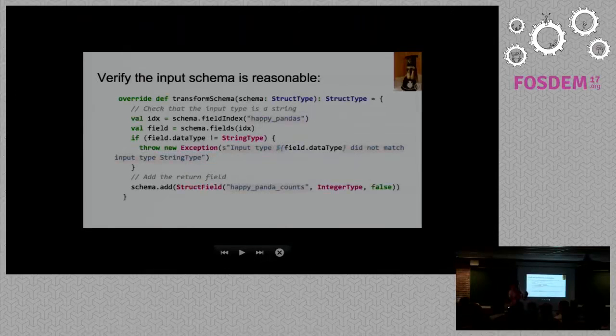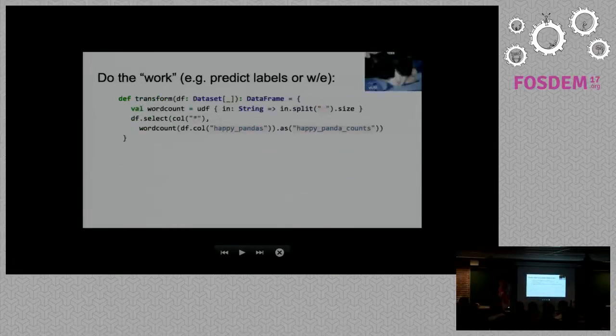Transform schema gives us the ability to verify that our inputs are what we're expecting and tell the downstream people what our outputs are going to be like. If this code looks kind of weird to you, it's okay. It's just the data frame code, and it's really simple. There are a lot of introductions to it, and that's where these types come from. It's string type, which is not the Scala string type. It's the Spark string type, which is mildly different in ways that are exciting and not for a 10-minute talk. And then we can just add our result here. And then we can do our work.